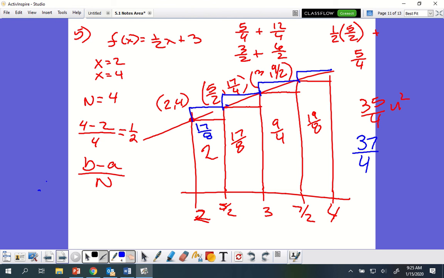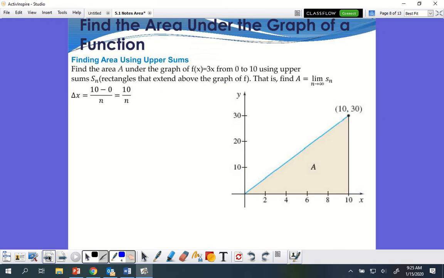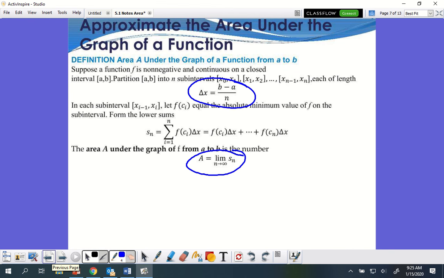I'm trying to get to that with the infinite number of parts. This is something we do in BC. I don't want to kill you guys with this. It's really not bad, but the introduction to this should not be right now.